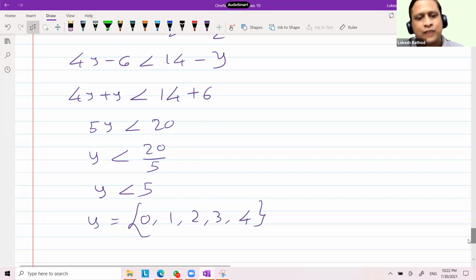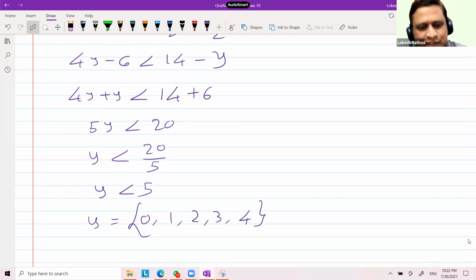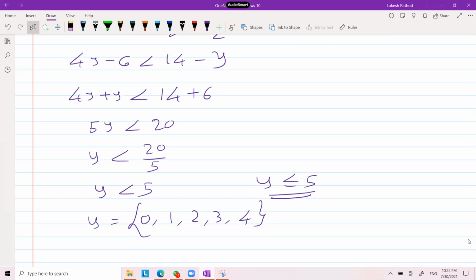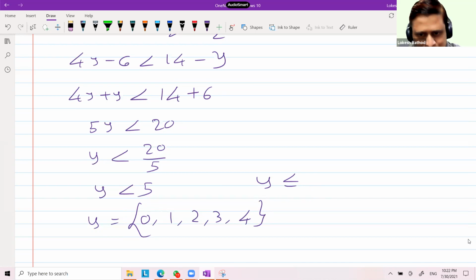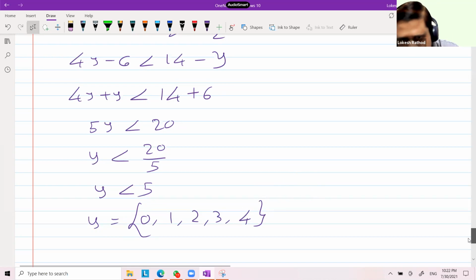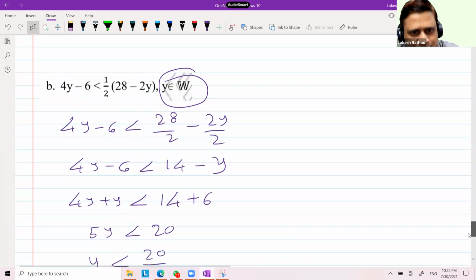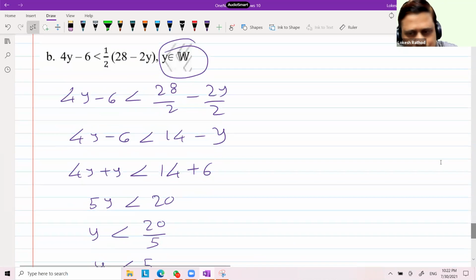It cannot be 5 because the sign of equality is not there. It's not like y less than or equal to 5. If it is like that, then we include 5. But here we don't include 5. Are you getting this? Anyone having any doubt in this? No? Yeah.